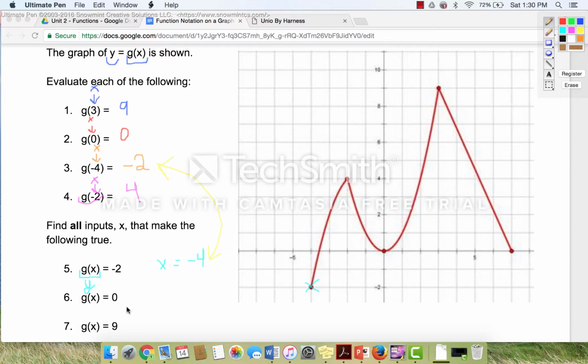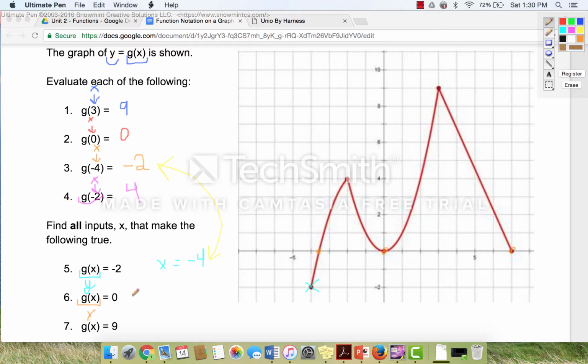All right, we are looking for g of x equals 0. So I'm going to go to where my y values are 0. Well, I have one here. Y is 0 over here. And y is 0 over here. This one's not a perfect spot.